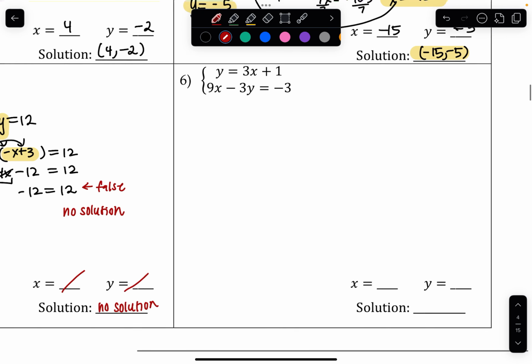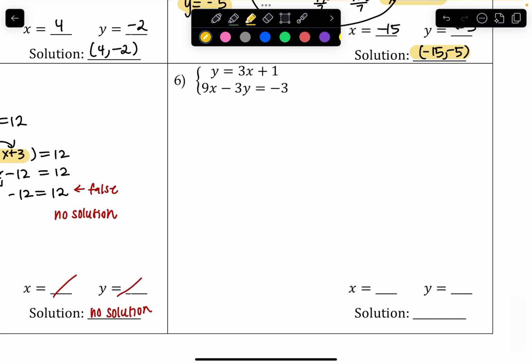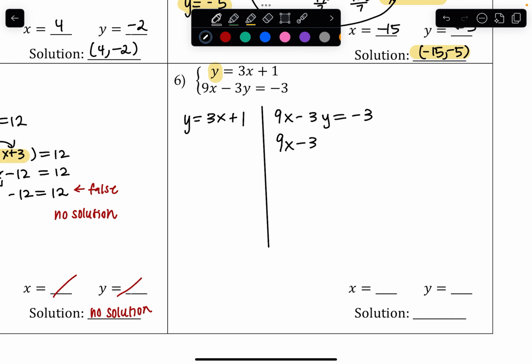Okay, on this next one, y is already solved for, and so that is the equation I'm going to put on the left side. And then on the right side, I'm putting the other equation, and we are subbing out the y.